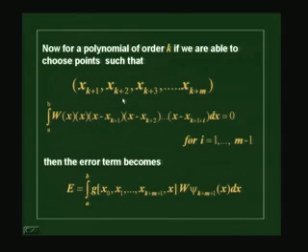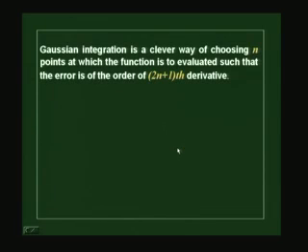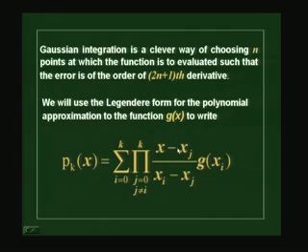There are two differences. One is we split the function f into g and w, that is g into w, and the Gaussian methods provide a way of choosing these points k plus 1 to k plus m such that our accuracy is of the order of the 2k plus 1 derivative of the function.